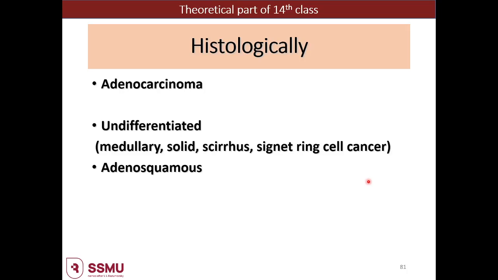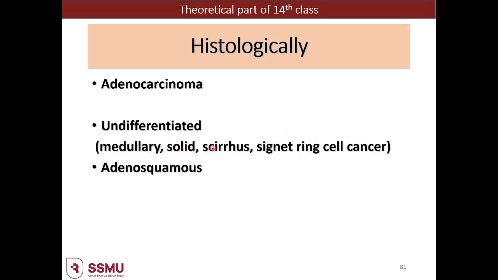Histologically, most of all it will be adenocarcinoma, which may be high grade, medium grade, low grade, or undifferentiated. Undifferentiated adenocarcinoma may be medullary, solid, scirrhous, or signet ring cell cancer. I hope you remember this classification from tumoral diseases.